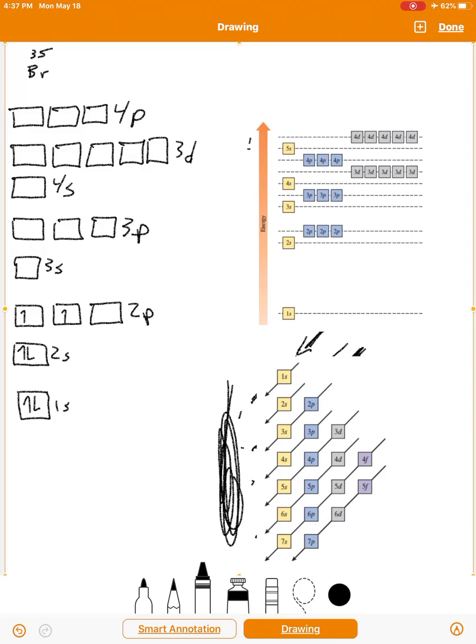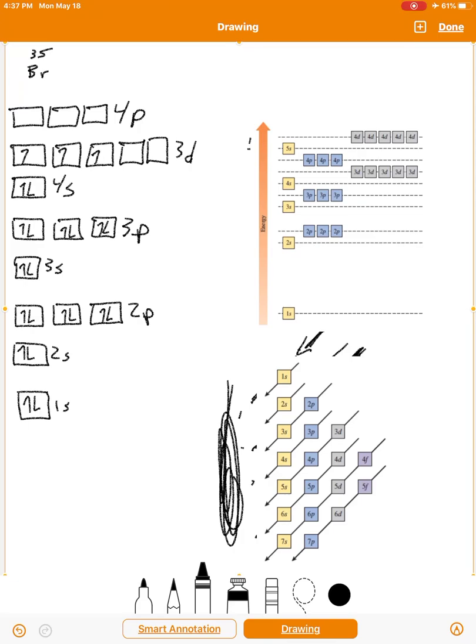Hund's rule says you maximize spin within a subshell. That's a subshell. 2p is a subshell. But since we got to go all the way up to 35, it's going to be completely filled. In fact, I'm not even counting yet. I'm just going forth and filling these out because I know I've got 35 electrons to go.